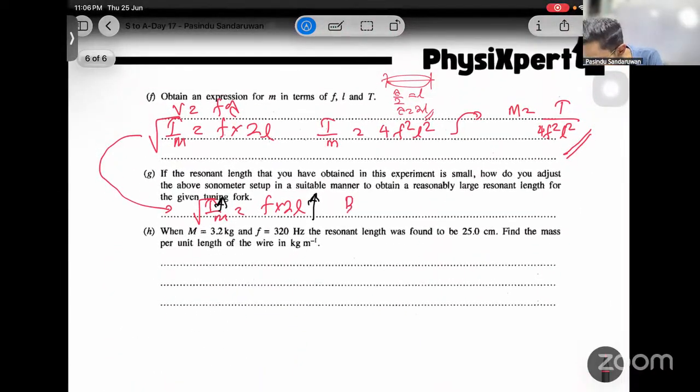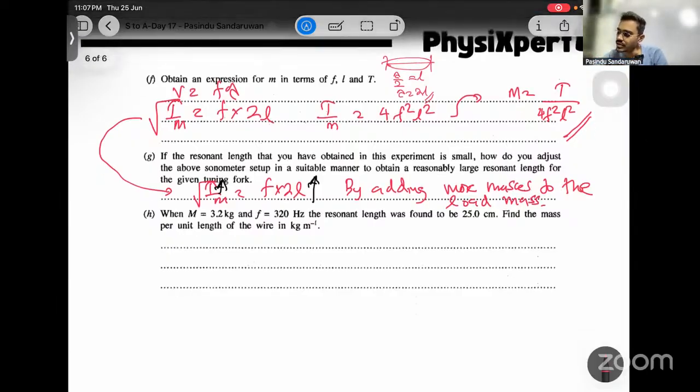So the answer is by adding more masses to the load mass. Then tension changes. But if you write by changing tension, no marks will be given because you can't directly change tension.